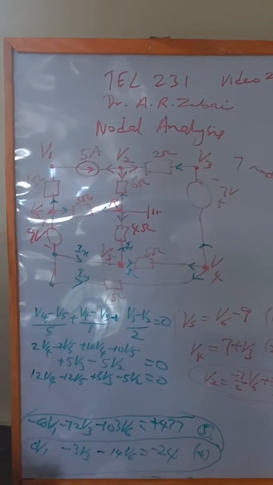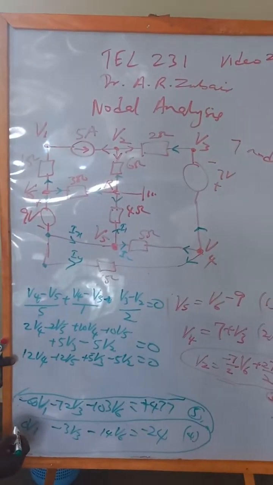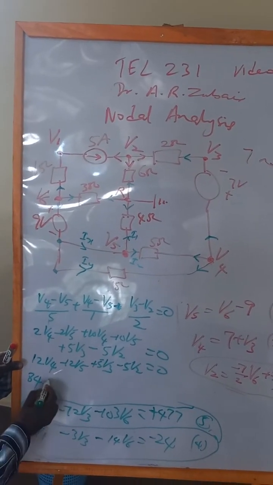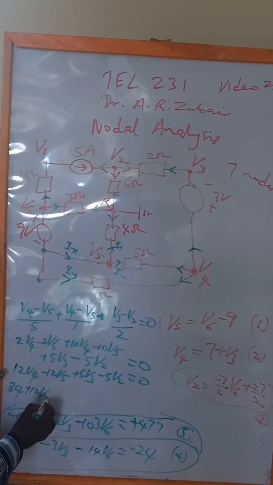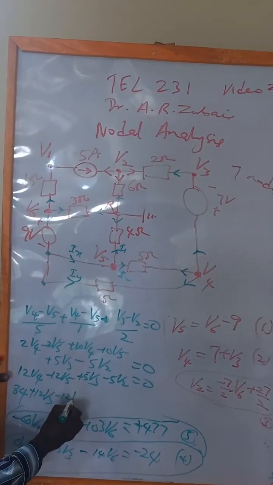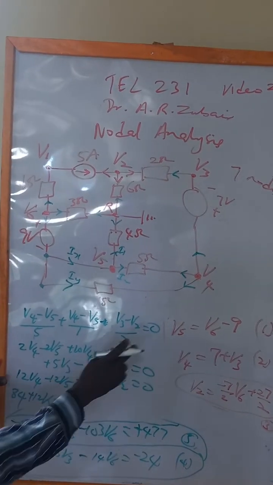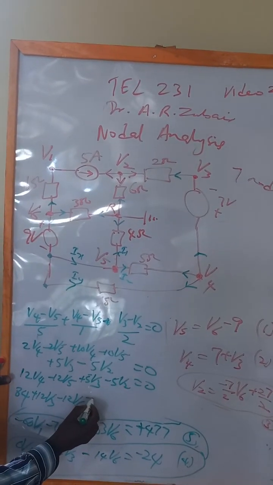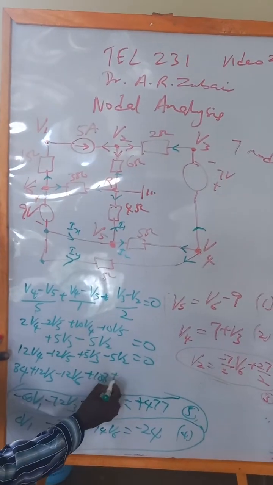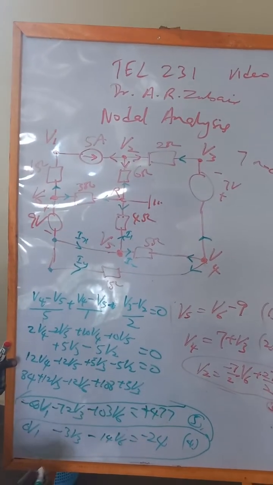So let's rewrite this. For the V4, I have this expression, so 12 times 4, that's 48, plus 12 V3. For V5, this will be minus 12 V6, minus 12 times minus 9, plus 108. Plus 5V3, we are not getting rid of 5V3.